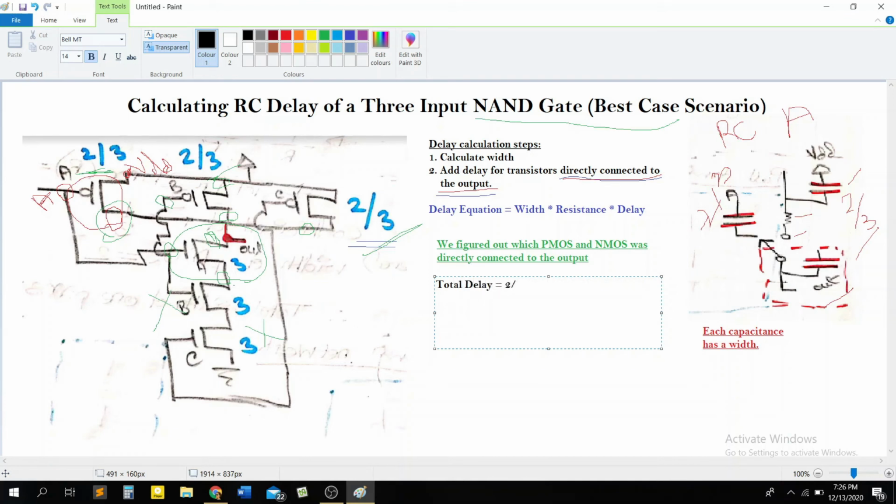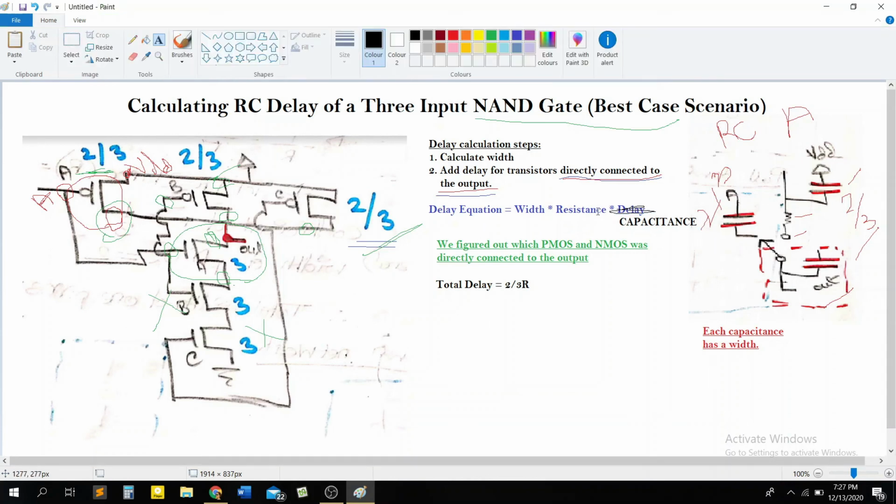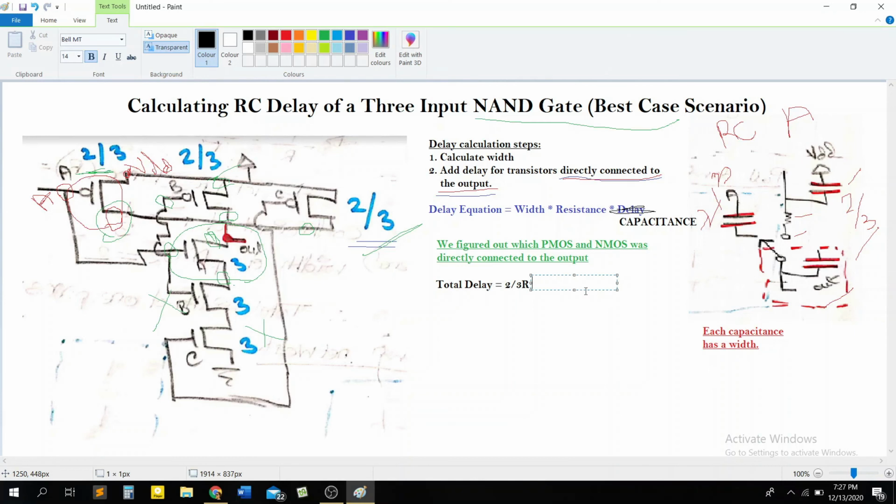For our first PMOS A, we got 2/3 for the one capacitor. So into resistance this is gonna be. Our delay equation was basically width into resistance into capacitance. So the total delay is going to be 2/3 RC, and then we're going to plus 2/3 RC again for the second, PMOS B, and we're gonna do that again. I should put that in bracket.